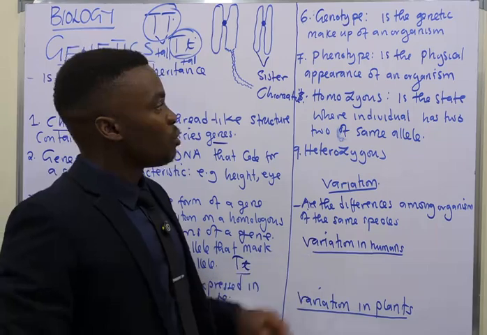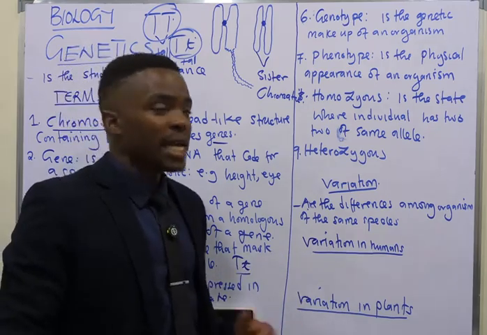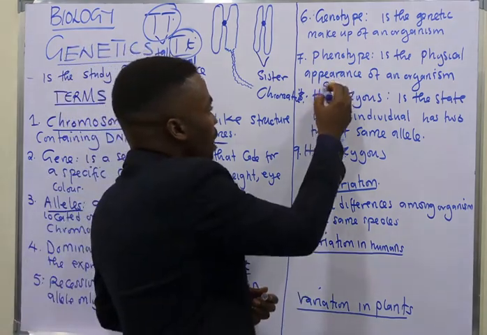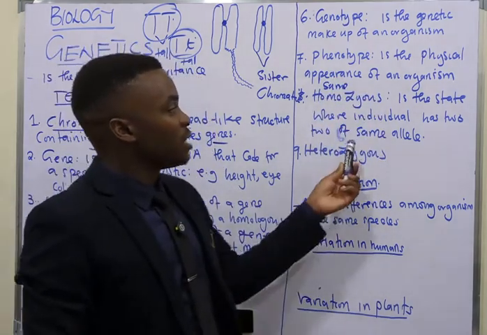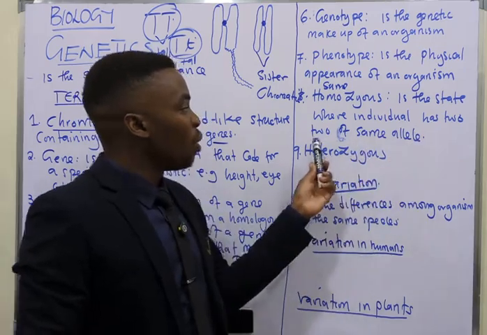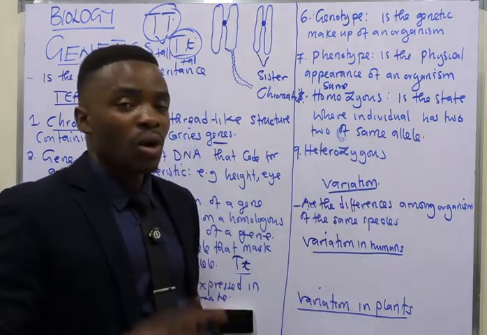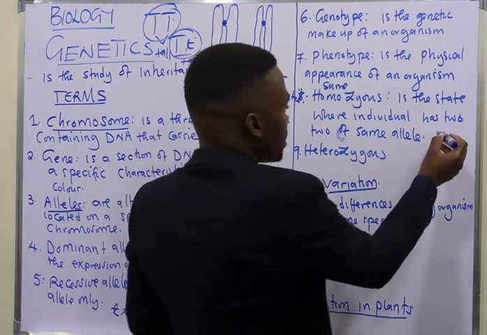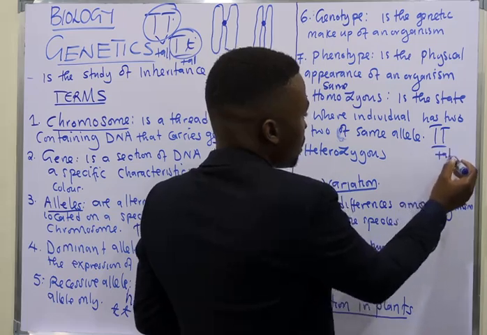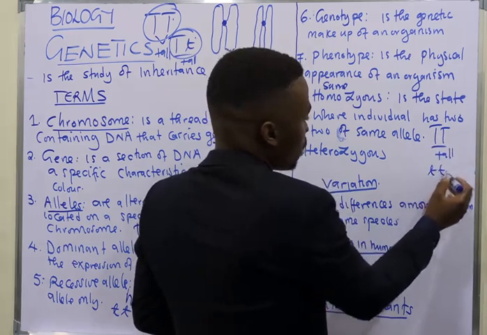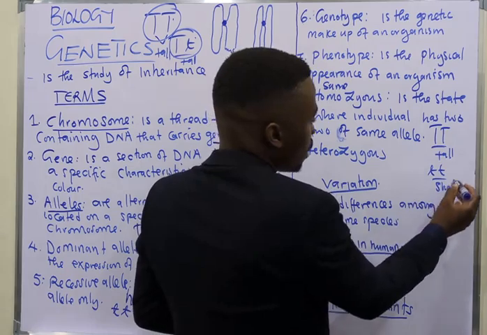Then now let us look at homozygous. So for homozygous, homo means same. Now, when you talk of homozygous, we are looking at individuals that have two of the same alleles. Now, homozygous can be, let's say for height, capital letter T, it means someone is tall, or small letter t, it means someone is short.